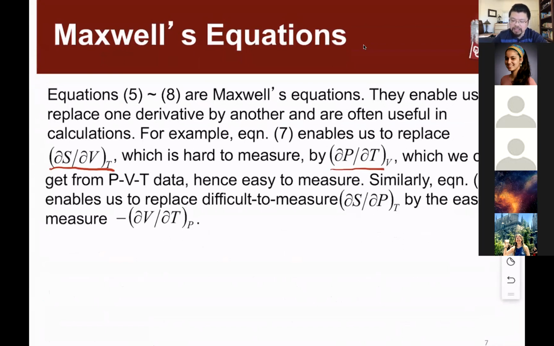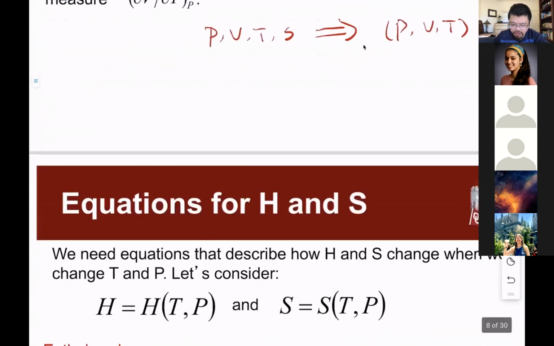So you can see that in a way we have those PVT and entropy terms. Those shall be the dependent and independent or fixed quantities in some measurements, and eventually we want to convert that always into PVT measurements. Okay, so that is the Maxwell equation.